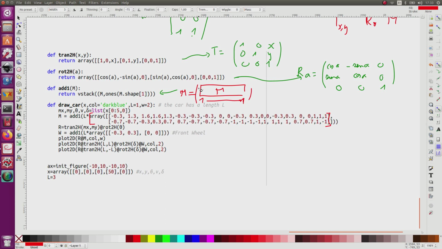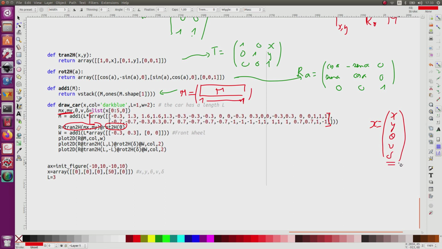As said previously, I will build my transformation matrix, which is a composition of a rotation by theta and a translation by mx, my, which correspond to the x and y, where the state x, recall, is made of x, y, theta, v, delta.